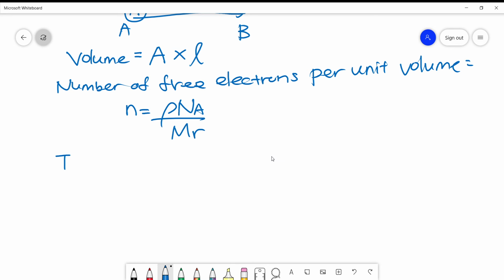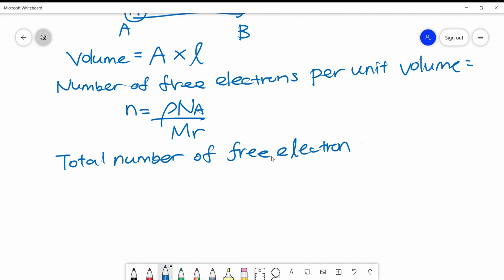So the total number of free electrons in the metal wire is equal to n times AL.